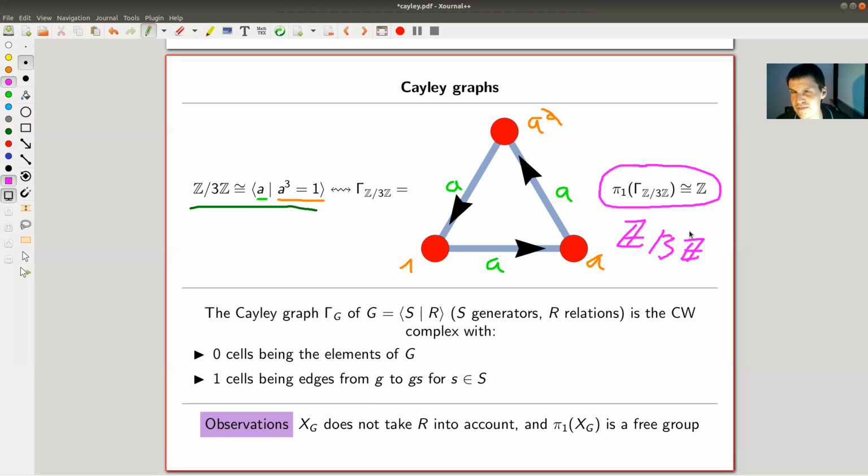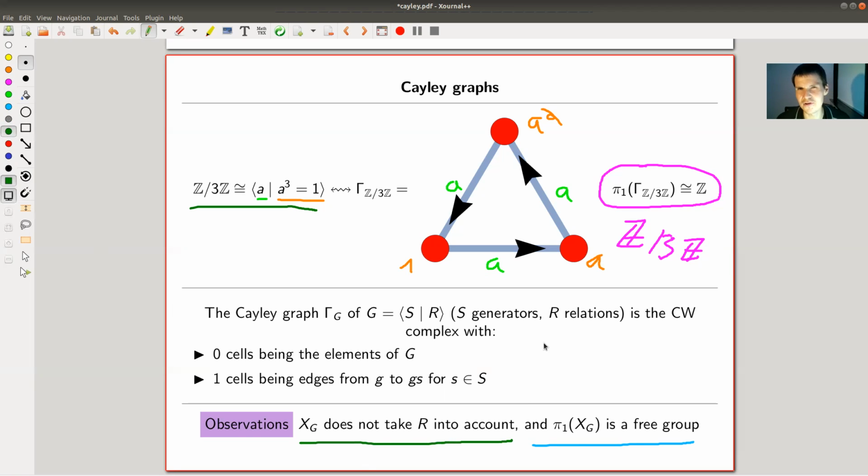So in some sense, this is not the right topological space I would like to associate to a group. Another problem is that this only implicitly takes R, the relations, into account.